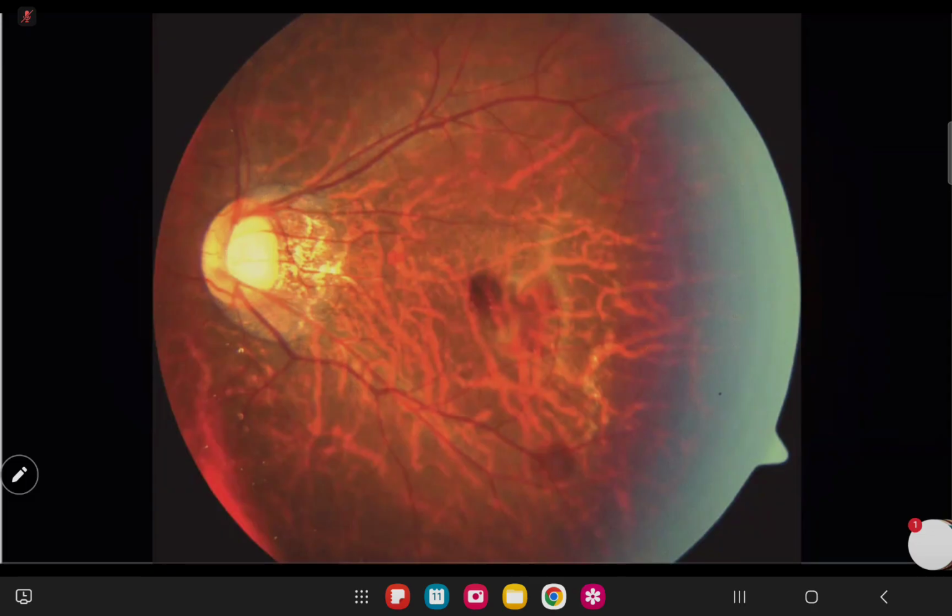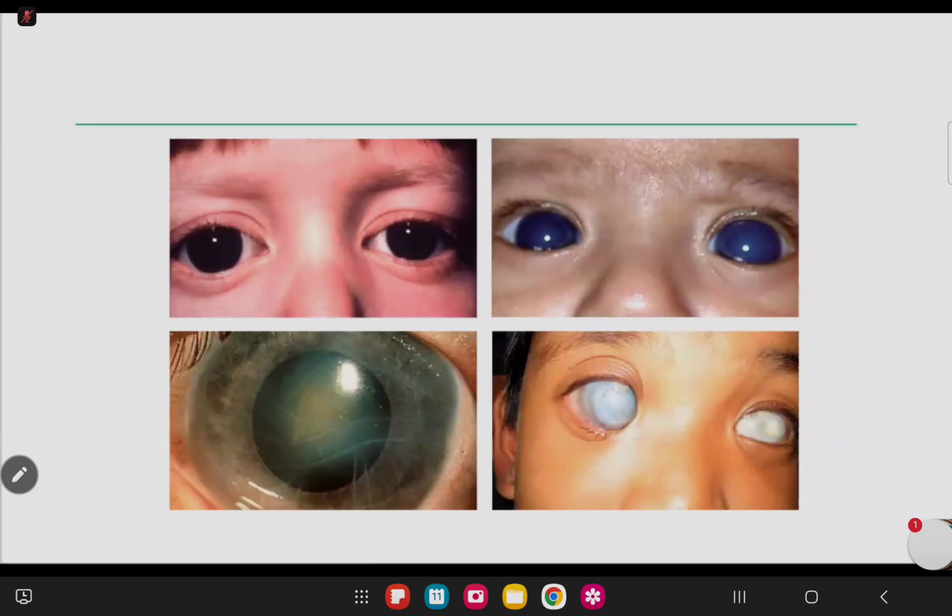The optic nerve has a disc that is very deep as compared to the cup. There is a high CDR for this congenital glaucoma. So the ophthalmos, the bluish hue, the discoloration, we have striae, the stretch marks on the cornea.